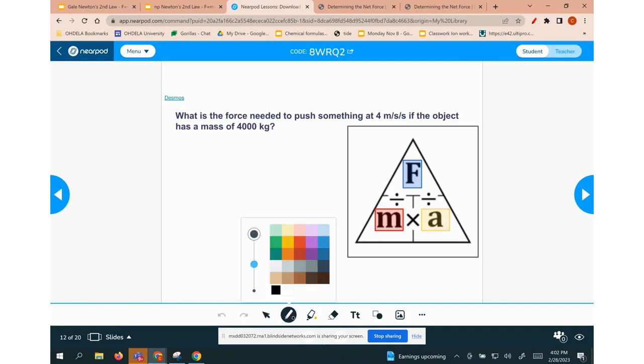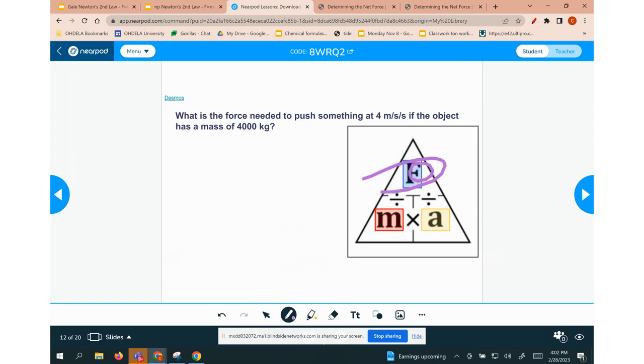All right, so let's do purple. Okay, we're going to cover up the force. What is the force needed to push a 4,000 kilogram object at 4 meters per second squared? So that means it's acceleration, so we want to cover this up.